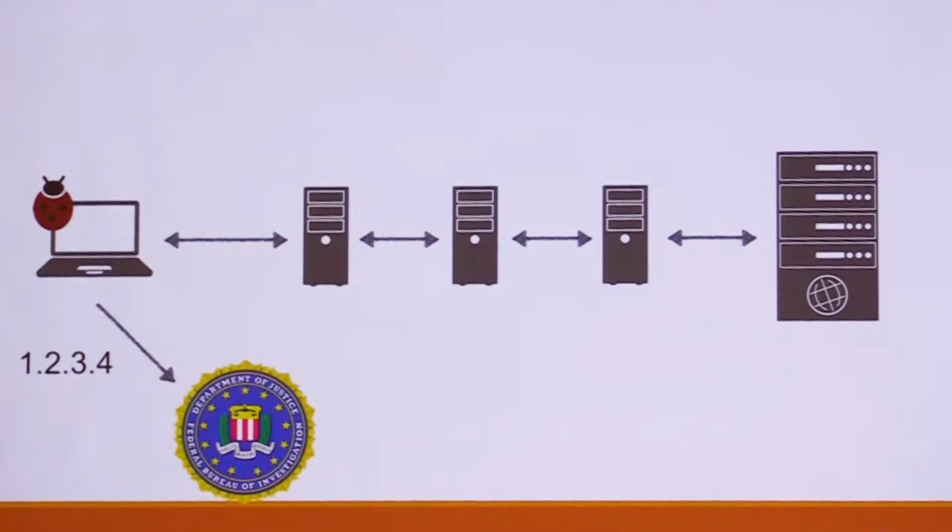The government gets the end user to load the government software onto their computer, usually via deceptive means. I'm going to get into that in a little more detail shortly. That software will then initiate a network connection directly to a server controlled by the government or a contractor working for the government.